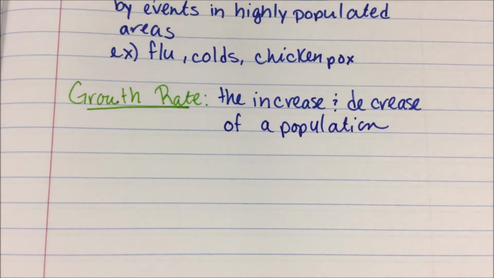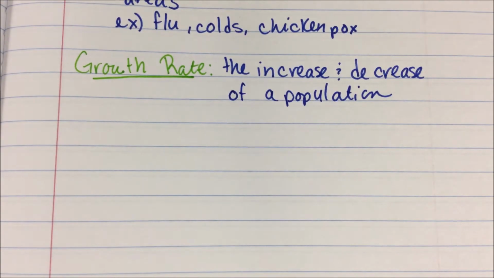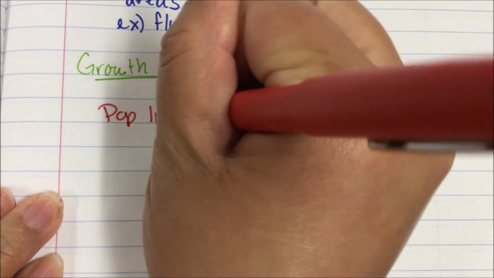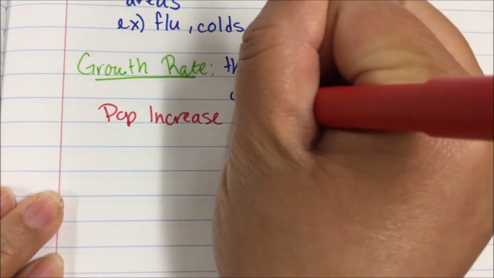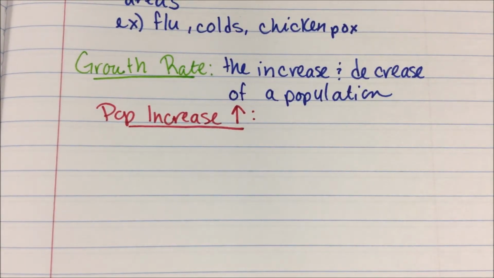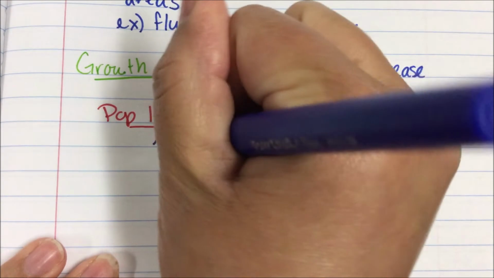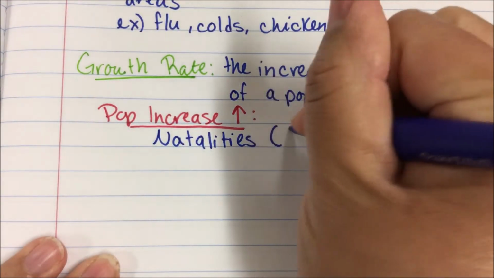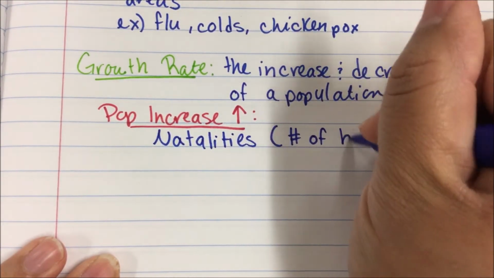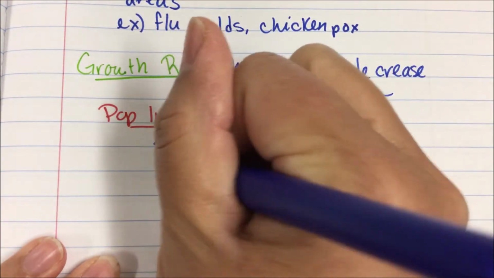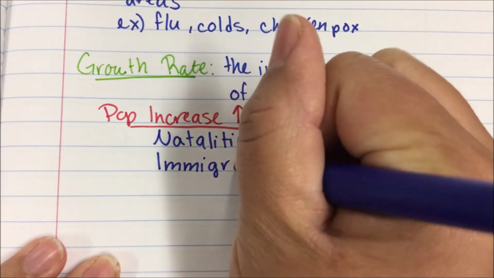If we want to increase the population, we have a couple of things we can look at. We can look at natalities, which means the number of births. And then we can also look at immigration, which is moving in.